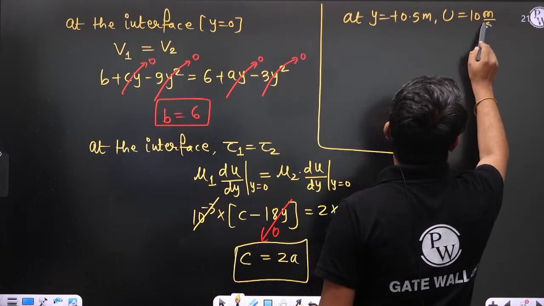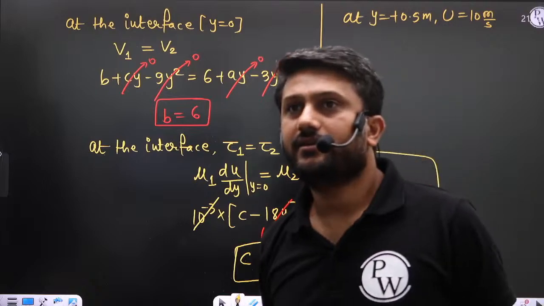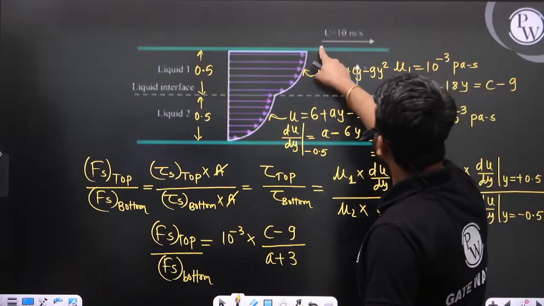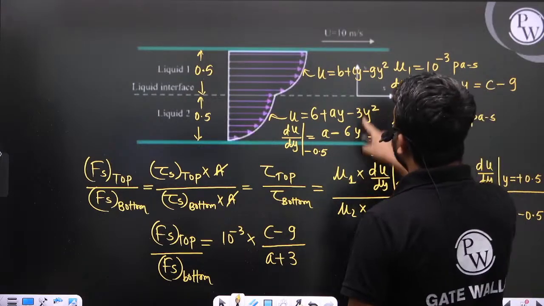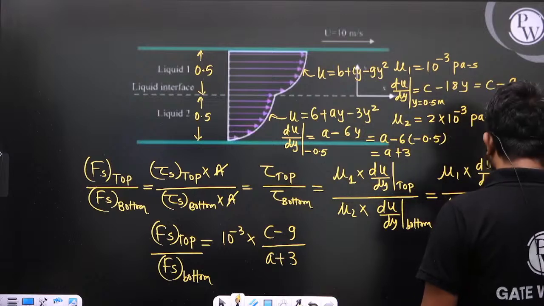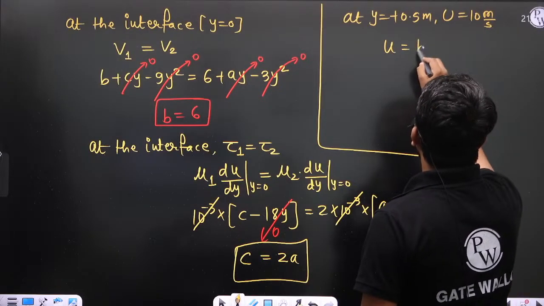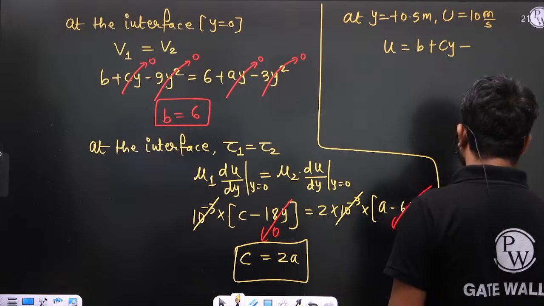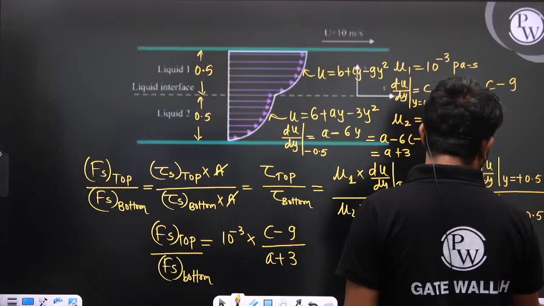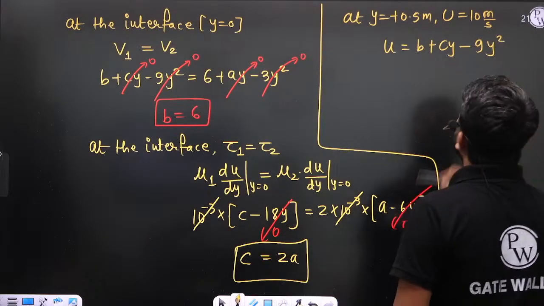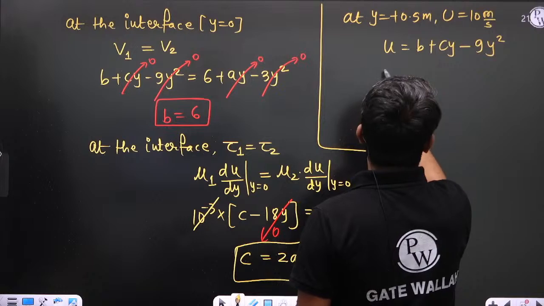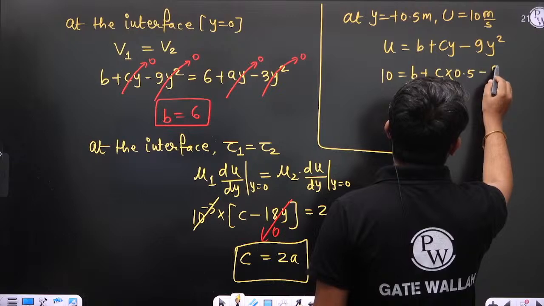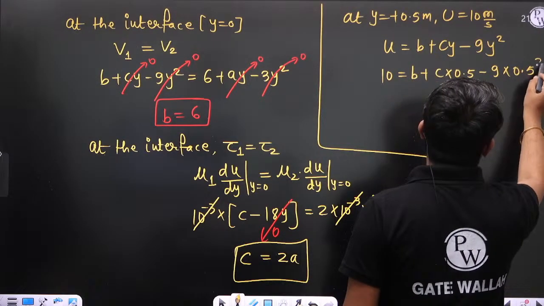Now the plate number 1 is in contact with liquid number 1, and this is the velocity profile, so we can write u is equal to b plus cy minus 9y square. At y is equal to plus 0.5, u is equal to 10, so 10 is b plus c multiplied by 0.5 minus 9 multiplied by 0.5 square.